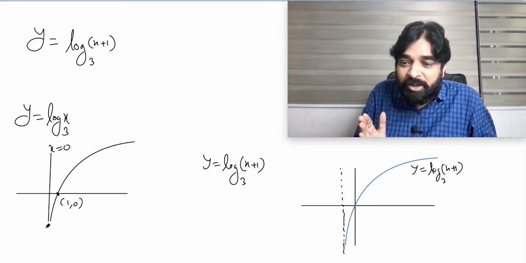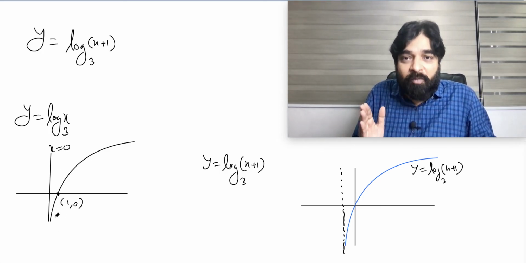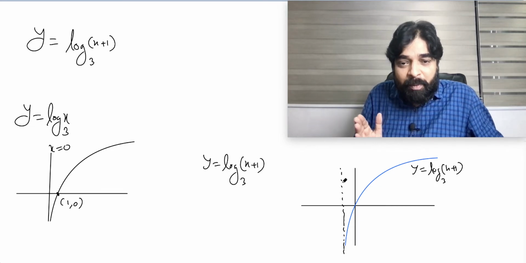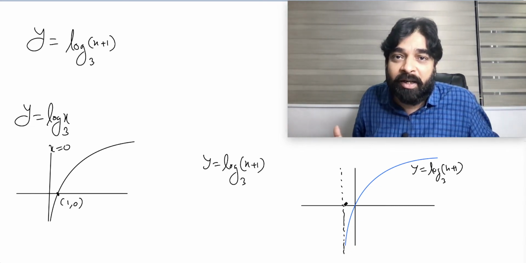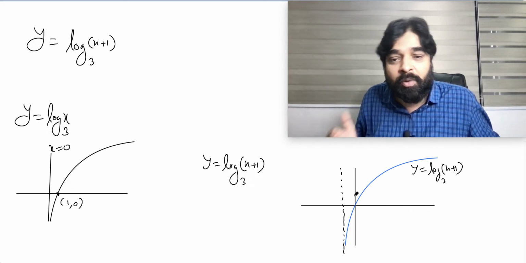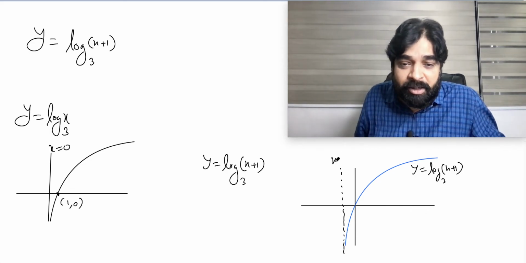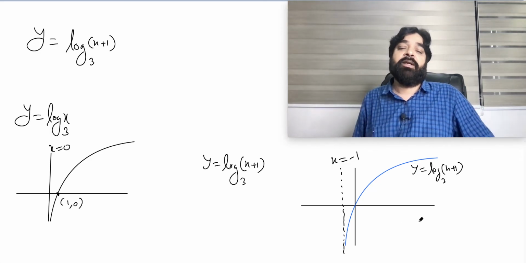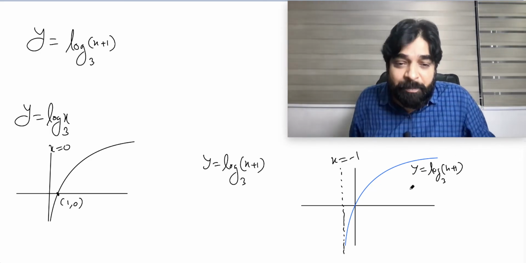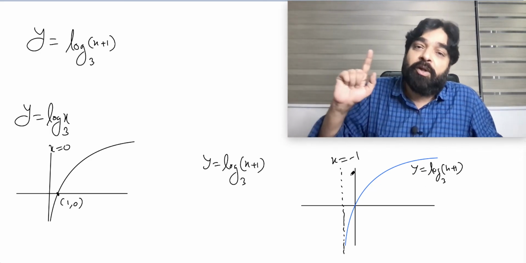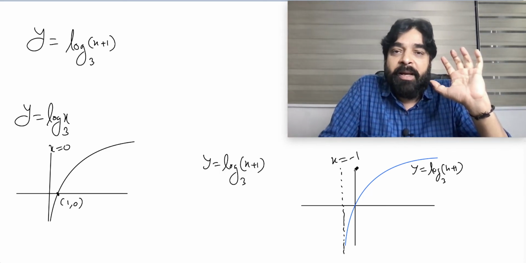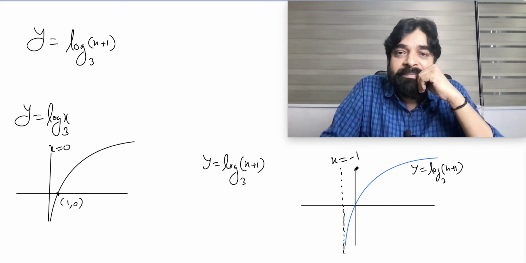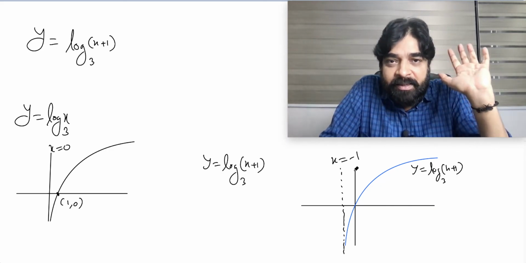Earlier this graph was trying to overlap the y-axis. Now it will try to overlap this dotted line. What is the equation of this dotted line? Earlier it was x equal to 0. If you shift 1 unit, the equation is x equal to minus 1. So the asymptote of this curve is x equal to minus 1. I hope everybody is able to understand. Is this clear?